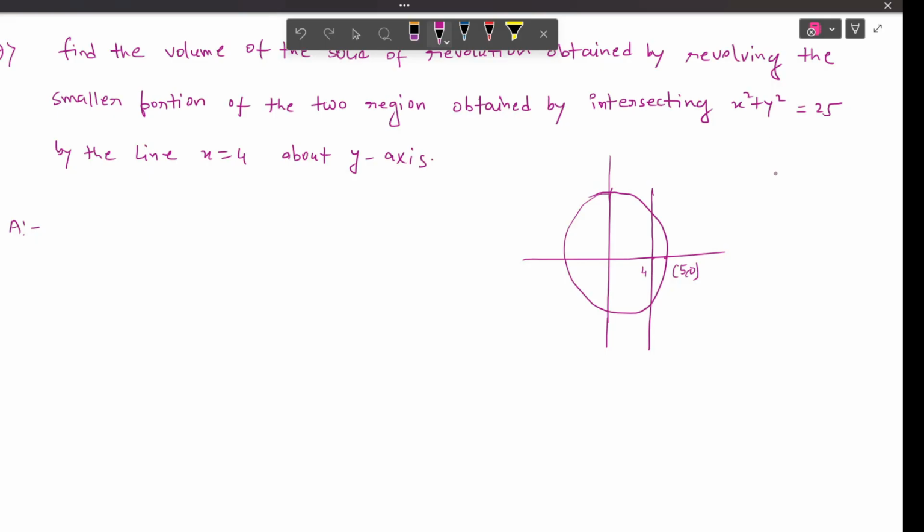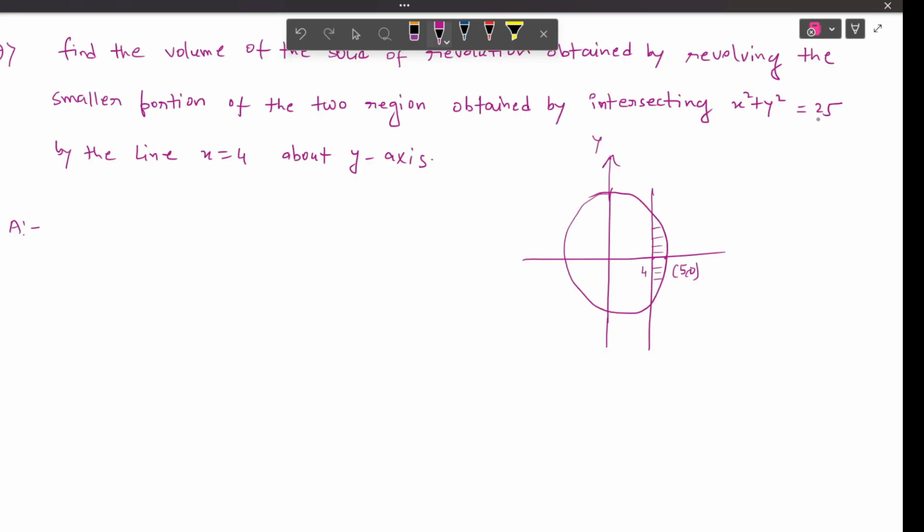And you have to revolve the smaller portion about y-axis. Okay. Now if you put 4 here, because this line is intersecting the circle, so if you put x equals to 4, it would be 16.